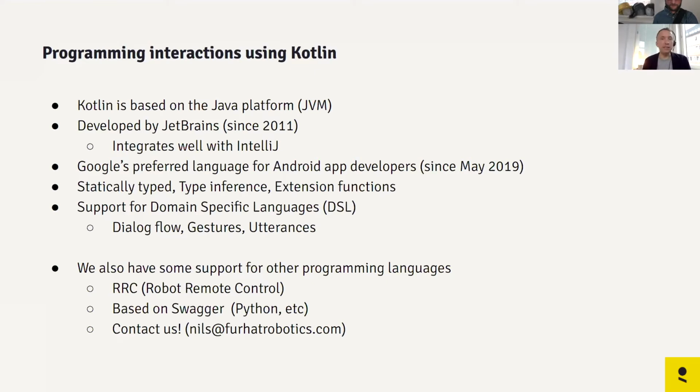So you can actually mix these two languages very easily, or other languages built on top of the Java virtual machine. It's been developed by JetBrains since 2011, and you might know that JetBrains is the same company that develops IntelliJ that we use. That's why they integrate so nicely.